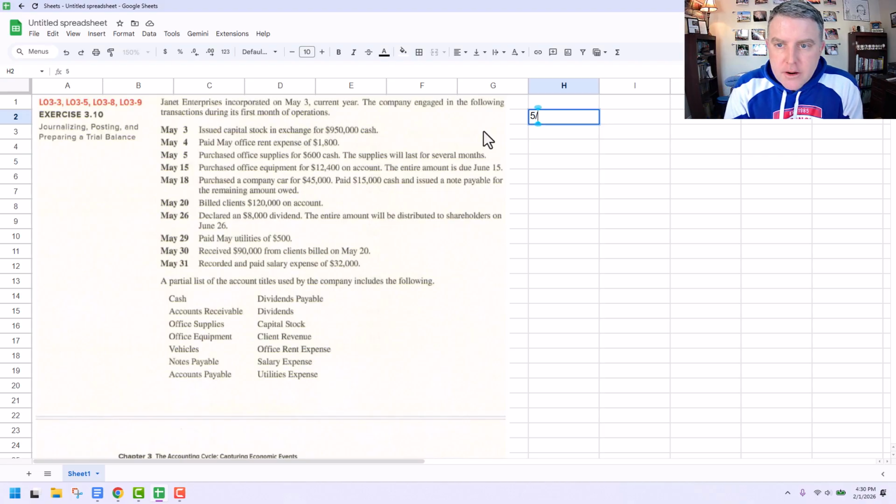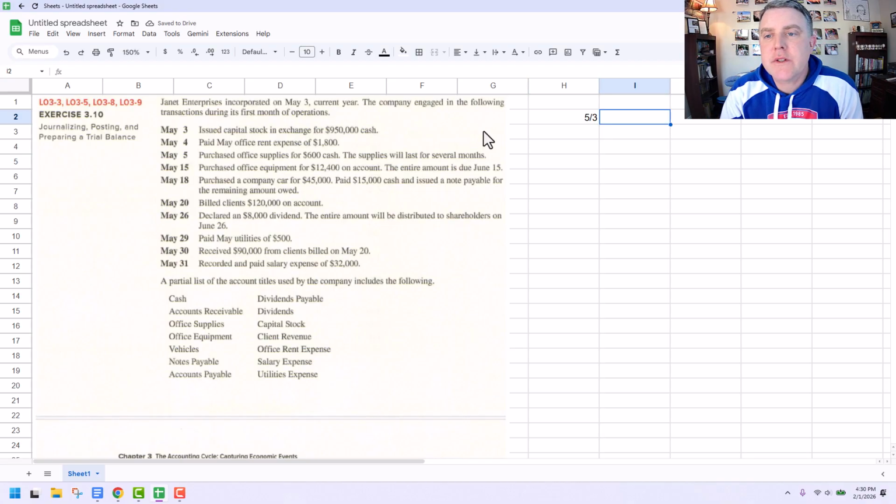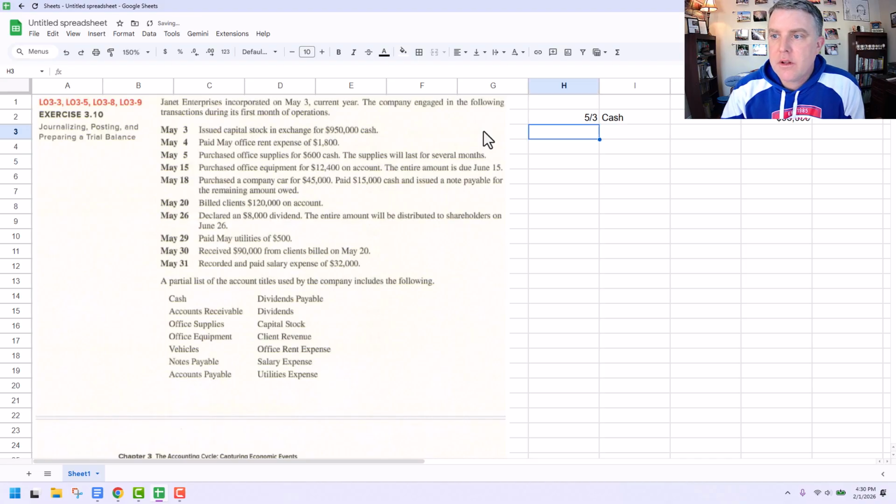So May 3rd is our first journal entry, and we issued stock. That means dollars were invested in the company by shareholders. So we received cash, so we're going to debit cash, and it's going to be for $95,000. And because money was invested, our equity goes up.